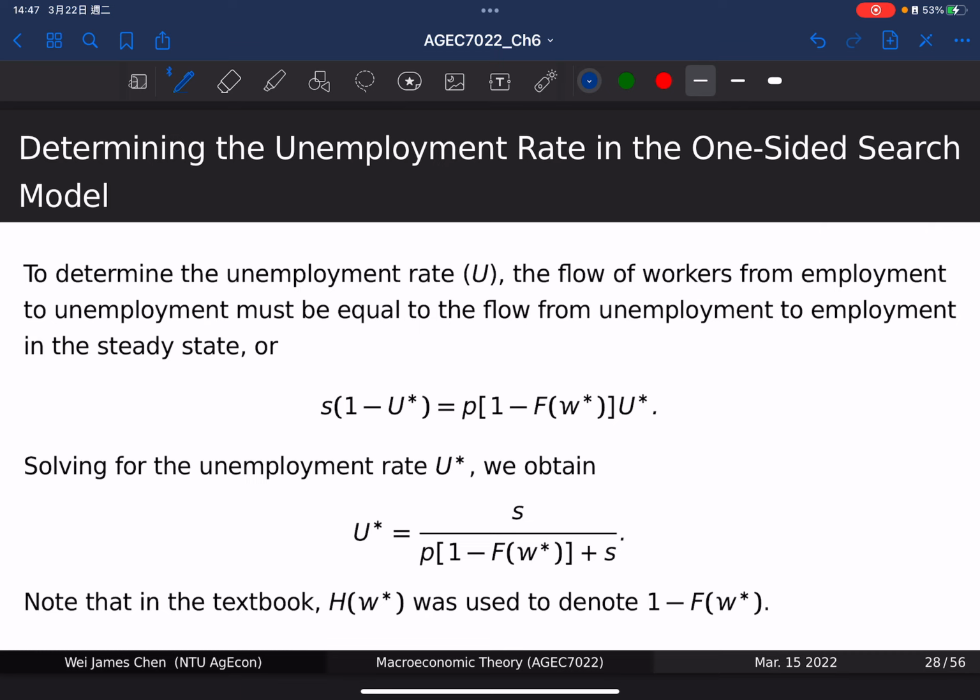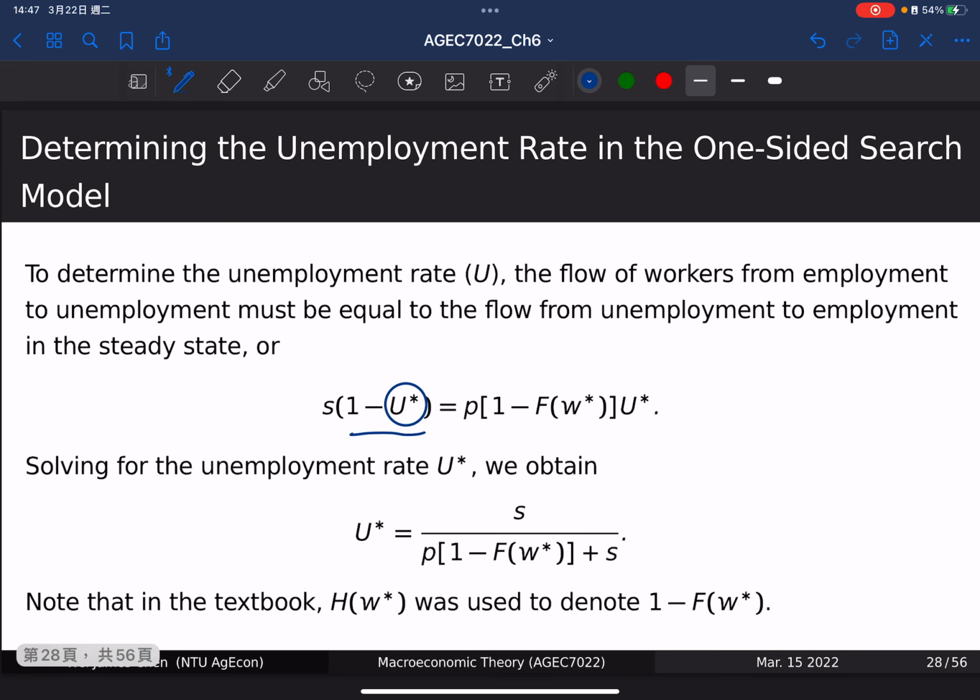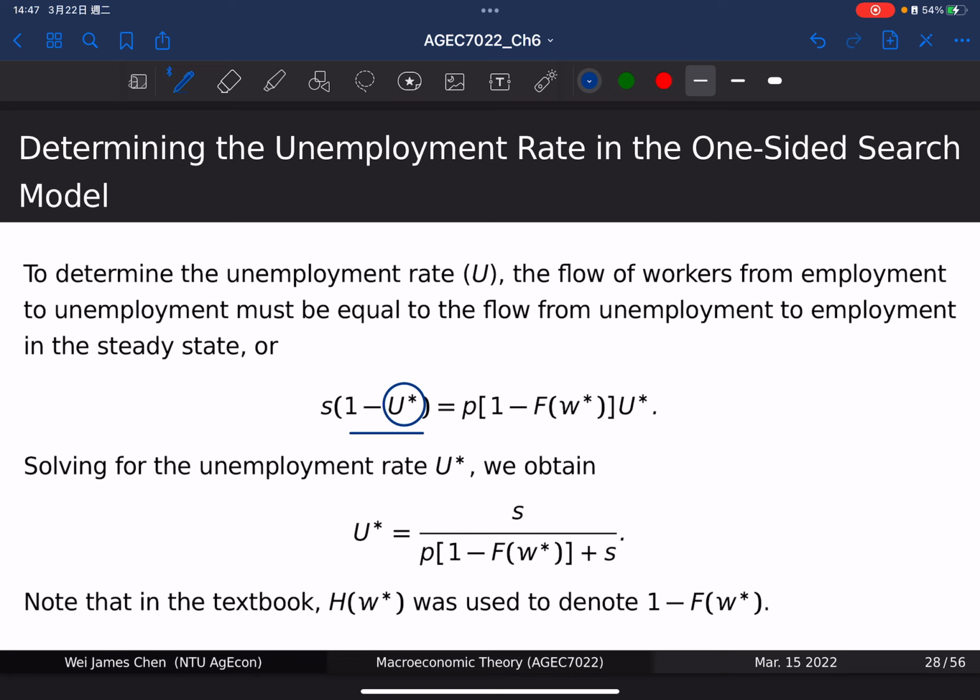Okay, so the idea is that if the unemployment percentage in the steady state is U star, then this is the employed percentage, the percentage of people who are employed, right?